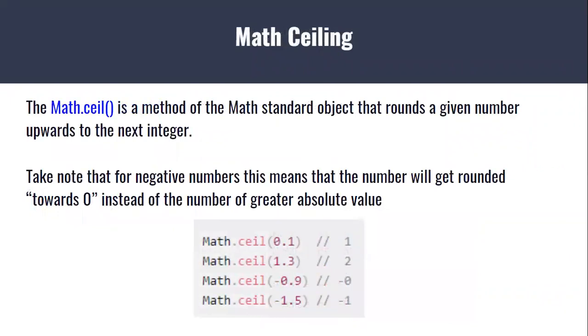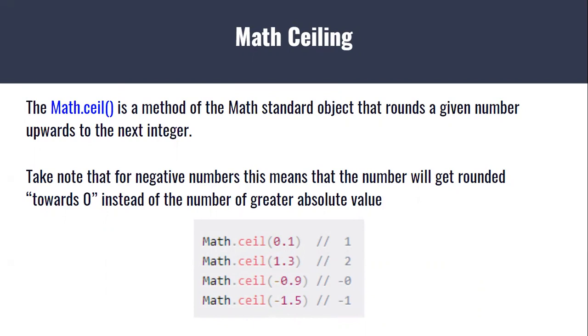All right, ceiling. So this is a way of rounding up to an integer. So maybe in one of your exercises you need to do something like this. Maybe not. You have to figure it out. So the ceiling, the ceil, is a method on the math object that rounds a given number upwards to the next integer.